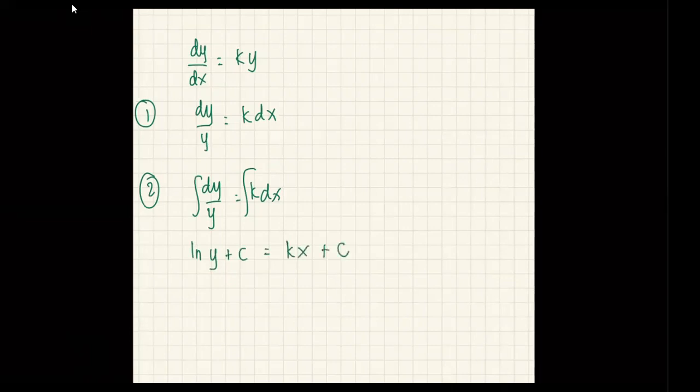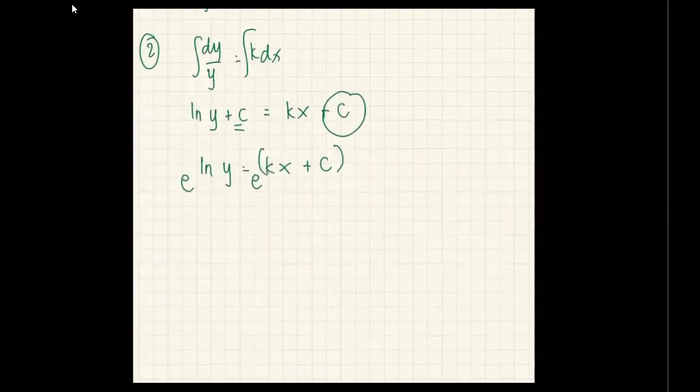Okay? Then again, pwede ko nang eliminate yung plus c dito kasi represented na siya nitong c na to. Okay? So, magiging ln y equals to kx plus c. Then raise natin by e both side. So, e raised to ln y is equals to y equals to e raised to kx plus c or y equals to e raised to kx times e raised to c.